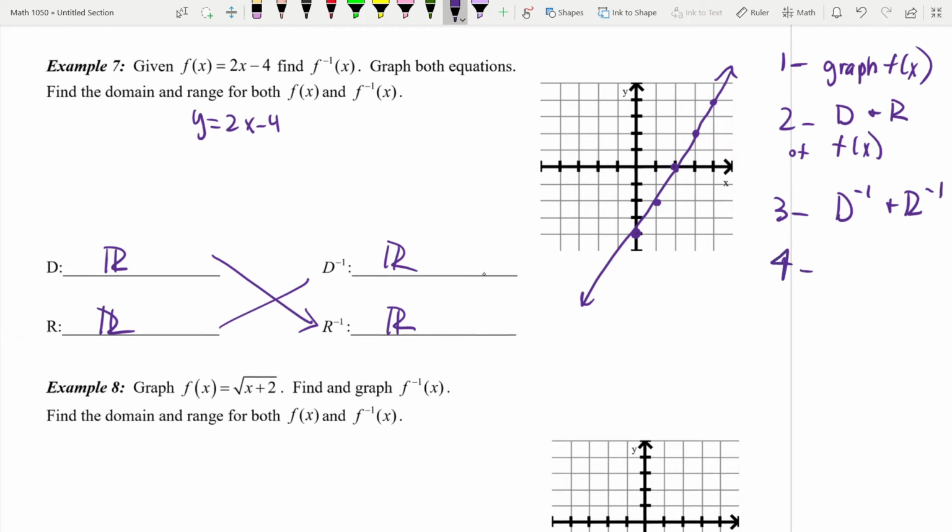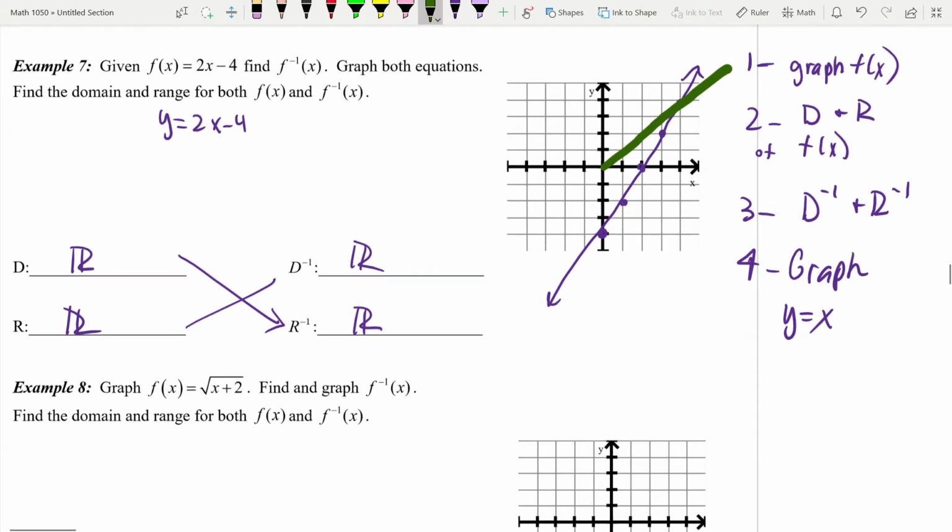The fourth thing is to graph the line y equals x. Take your pencil and draw that line. That's your line of reflection for inverses. The next thing is to graph the inverse, doing the diagonal thing.